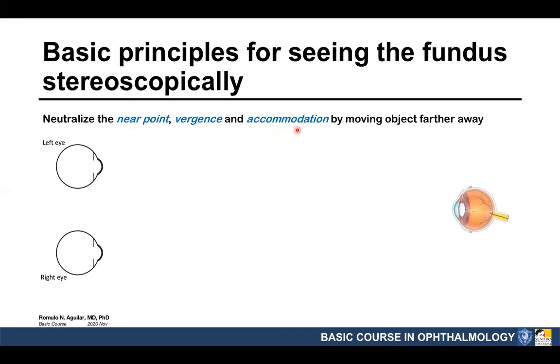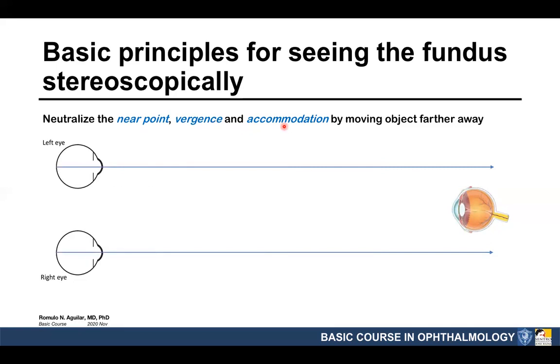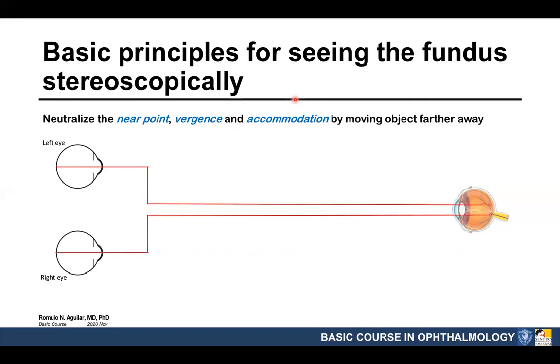But if you do so, and you still don't converge or accommodate, then your line of sight will go past the object that you want to focus on. So, the best thing to do here is find a way to bend the line of focus so that it would enter the eye and you can see the retina. And how is this done?